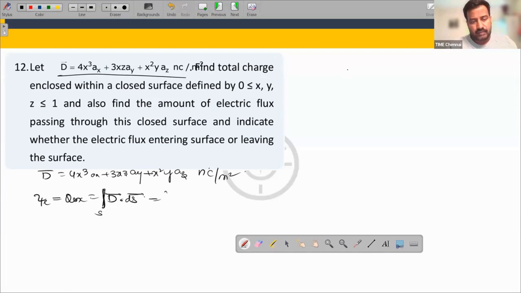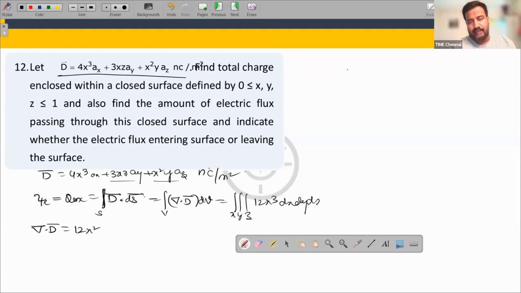This is the volume integral of del dot D dv. Del dot D is 12x square, plus 0, plus 0. So del dot D is 12x square. Do the integration: 12x square dx dy dz.